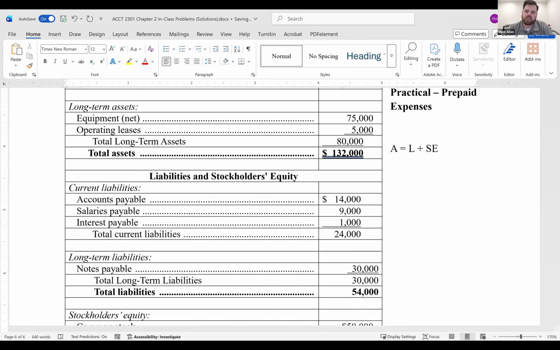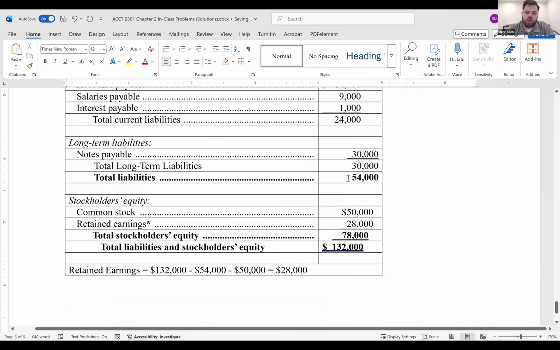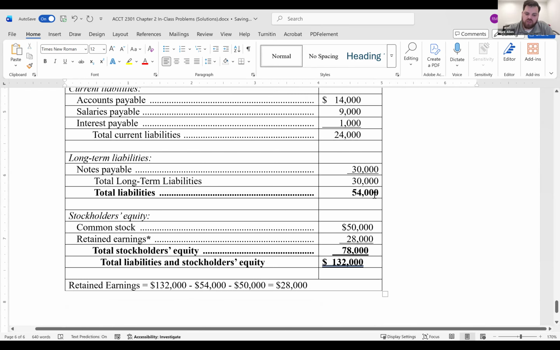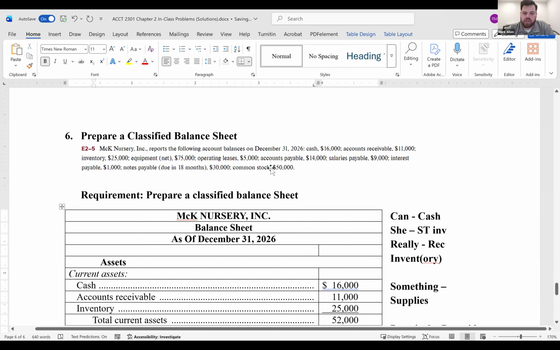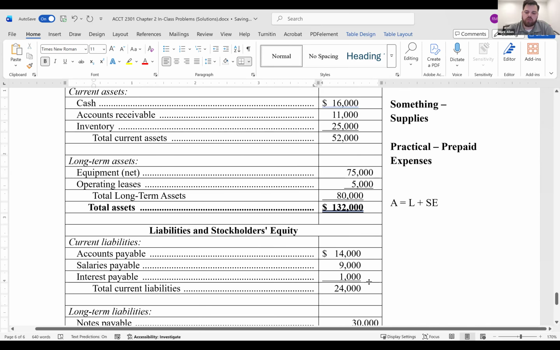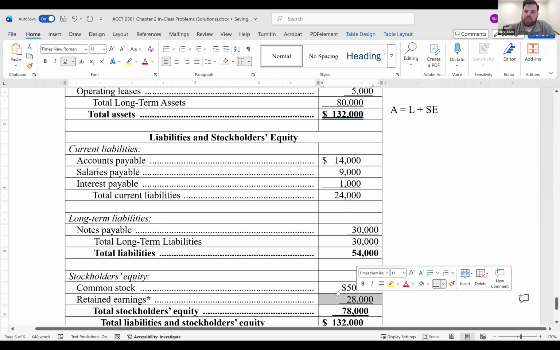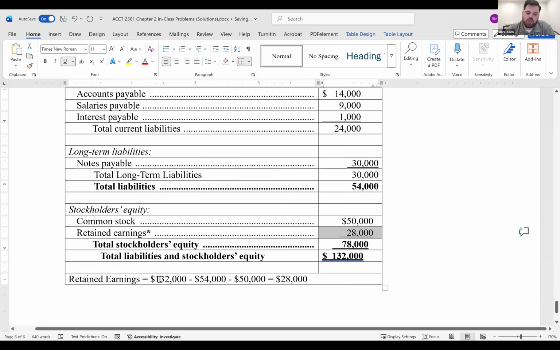Well, we already know the assets are 132. We already know the liabilities are 54. Then we know the common stock is 50 because they told us that here. That means the only thing we do not know is retained earnings, and we can figure that out by simply doing this subtraction and getting $28,000, which then allows this all to balance nicely.